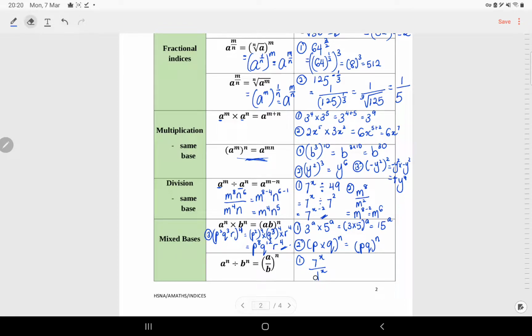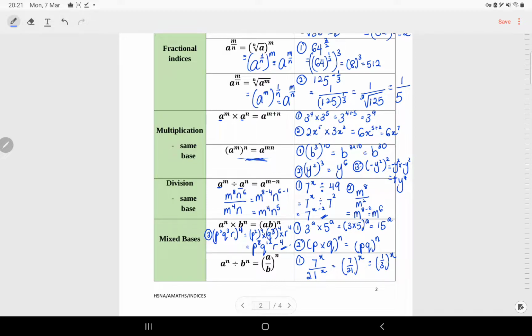They have different base but the same power. So what you can do is you divide the constant. So you can express it as 7 over 21, the whole thing to the power x. And 7 over 21, you can reduce that to 1 over 3, the whole thing to the power x.